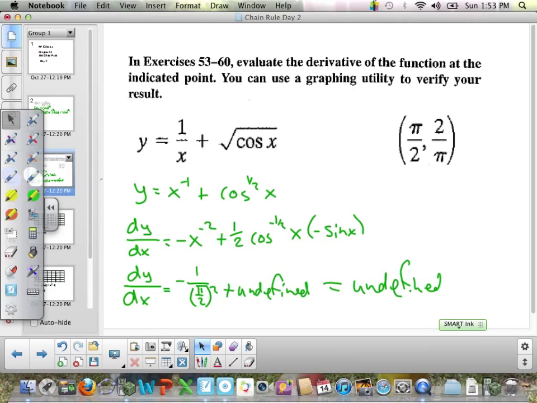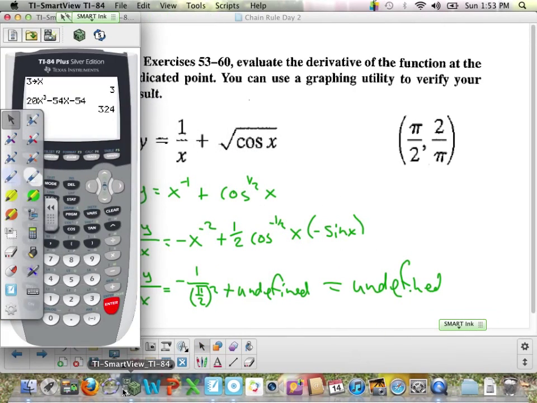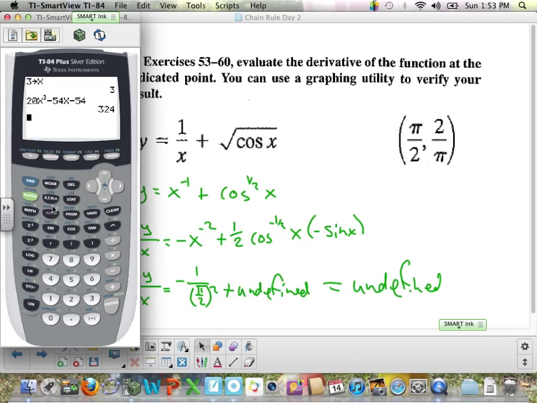All right, so let's graph this and take a look. Our function is 1 over x plus the square root of the cosine of x, and we'll zoom to a trig window here, number 7.